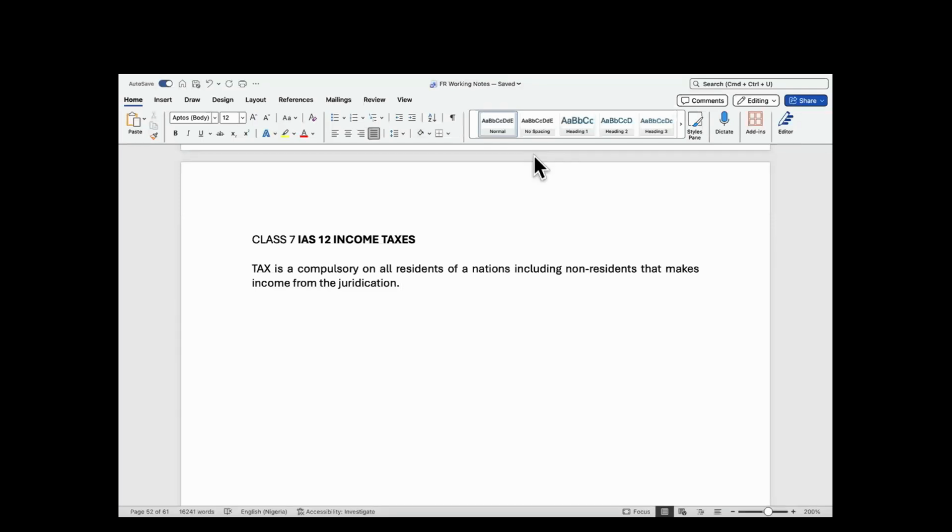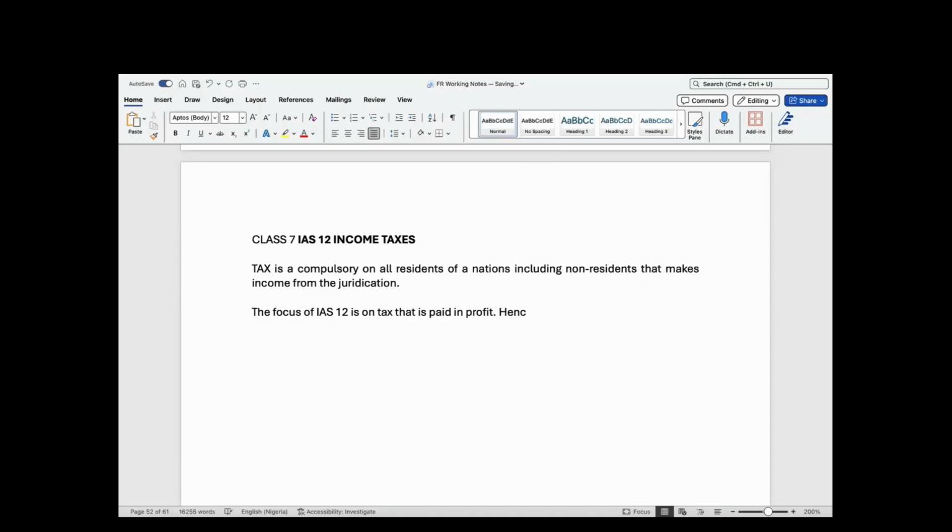So basically, that's tax. But the focus of IAS 12 is on tax that is paid on profits.